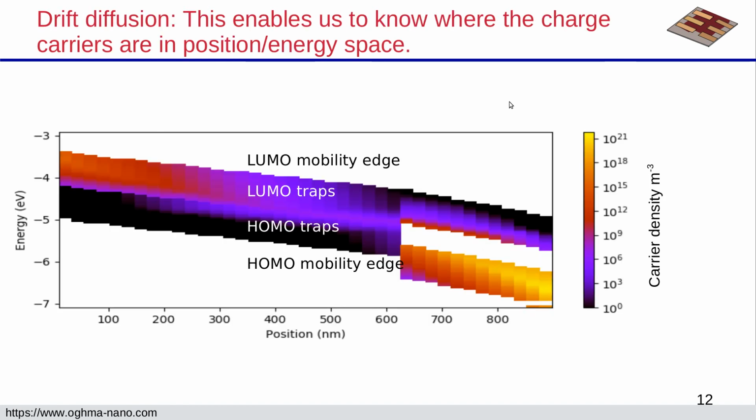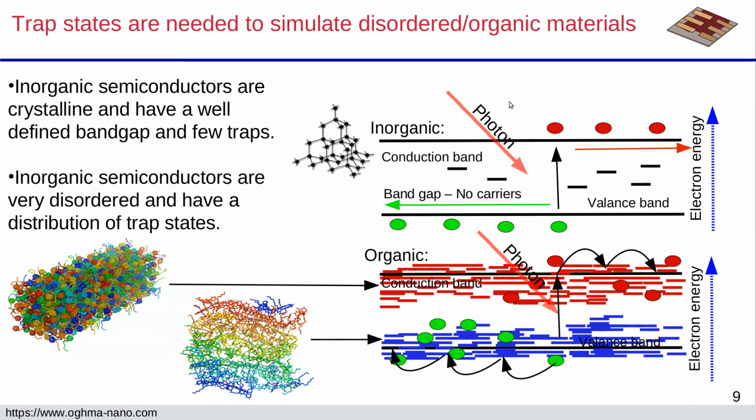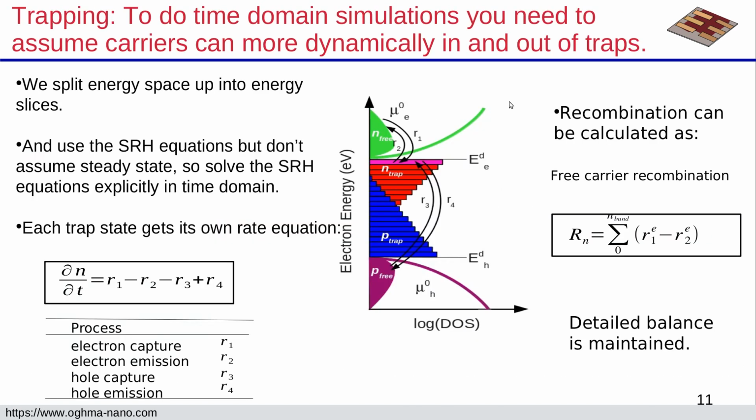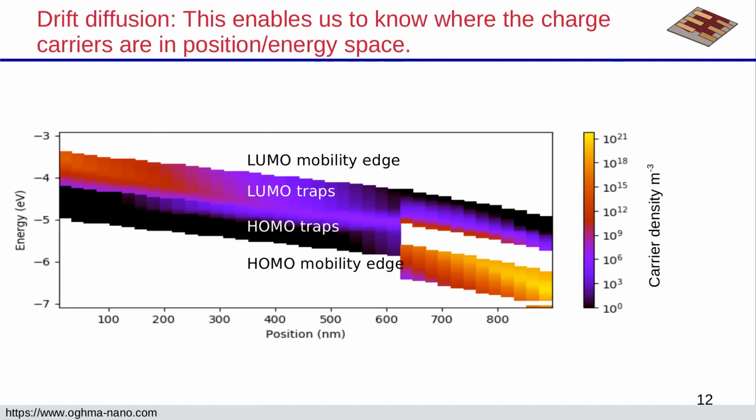So if we combine, I'm just going to go back 2 slides. If we combine this classical drift diffusion model with this trapping and detrapping model, what we can then do is draw a picture of our device of carrier density. So the colour is carrier density against energy and against position. This is the left contact, right contact, and we're plotting out the density of trapped electrons here.